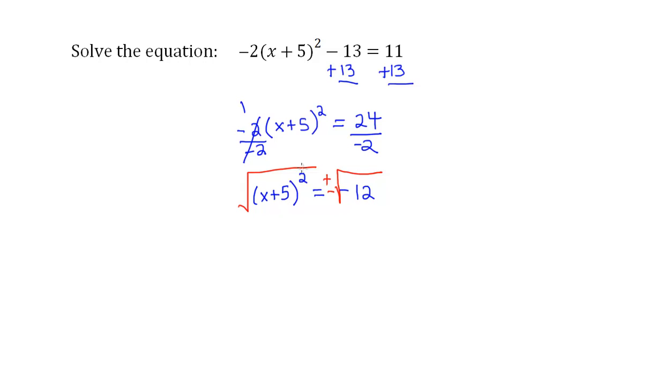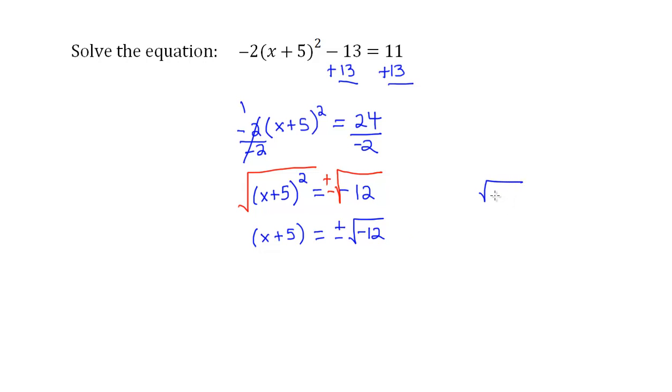The square root of x plus 5 squared is simply the quantity x plus 5. Plus or minus the square root of -12, well, we need to talk a little bit about that. We have the square root of a negative number, which we already said will not be real, but instead imaginary.